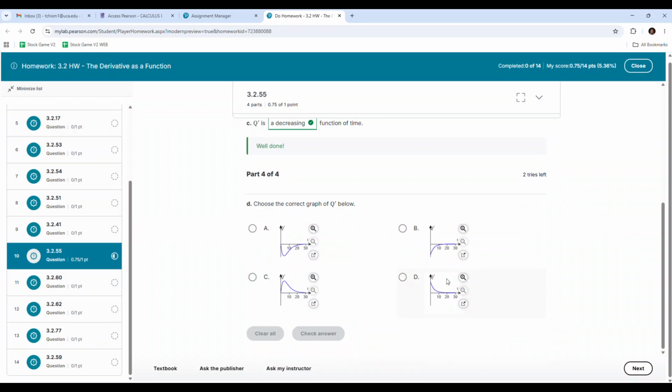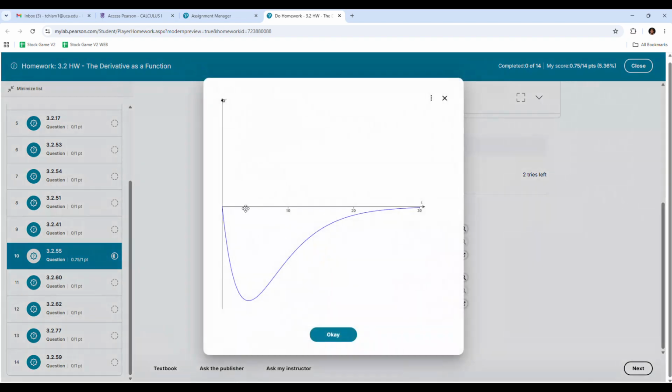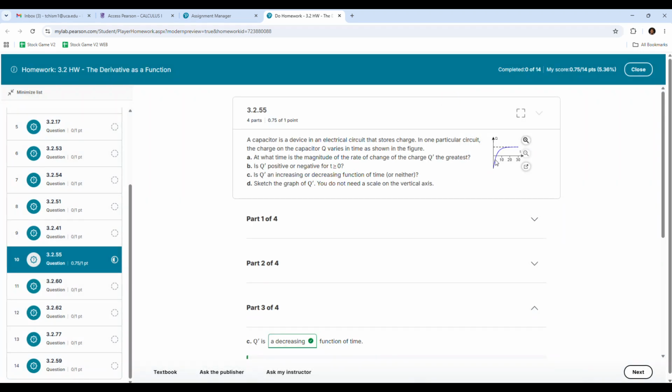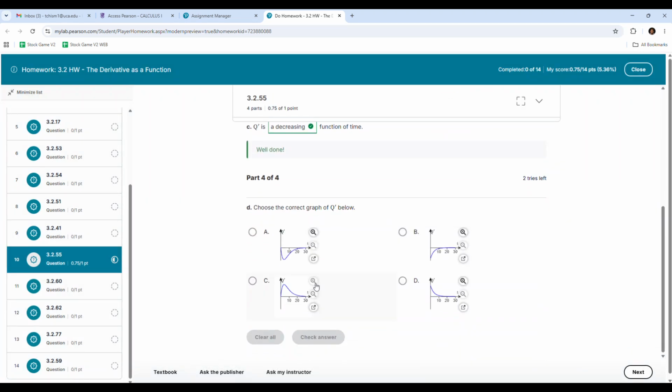Now, last but not least, which one looks like it? I think a better way to answer this question is to say, what exactly is going wrong with these? So, why don't I like this one? Well, if this is my graph of Q prime, this implies that the slope is starting off negative. And I have to go back to my function and ask myself, are these tangent lines with negative slope or positive slope? I think the answer hopefully is clearly positive.